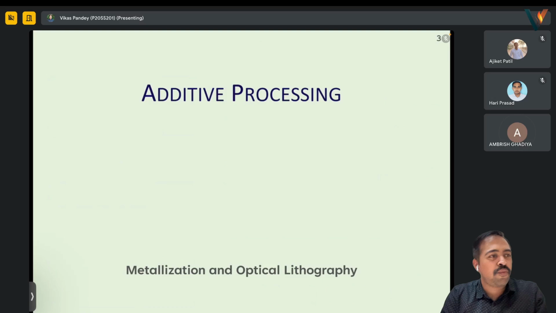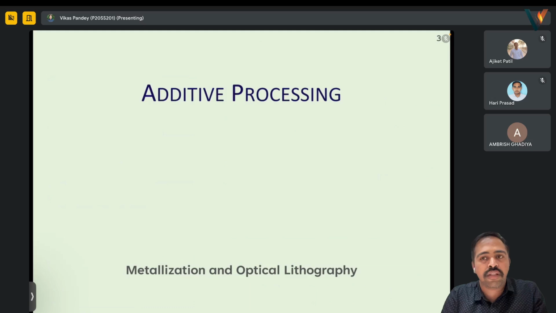I think there are two correct answers, and there was no option for selecting two. So I selected the shorter mean free path increases the collision and scatter. But what is the question? Can you read out the question? How does the mean free path affect the directionality of metal atoms during evaporation? So a shorter mean free path will increase the collision.